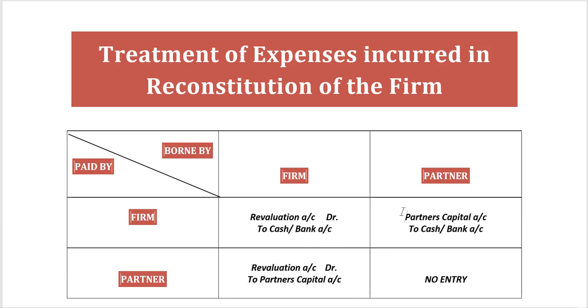Where the partner has to bear the expense, but such expense is actually paid by the firm, then the journal entry is partner's capital account debit to cash or bank account. Finally, where the partner is to bear the expense and the same partner pays the expense also, there will be no entry for this transaction in the books of accounts of the firm.